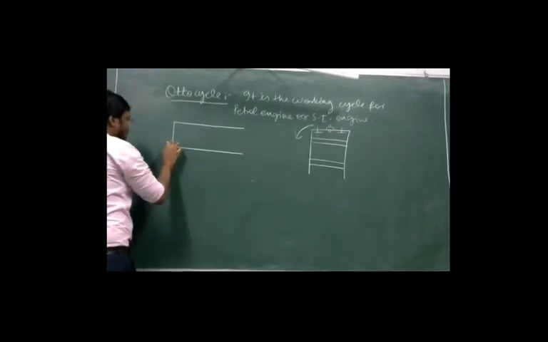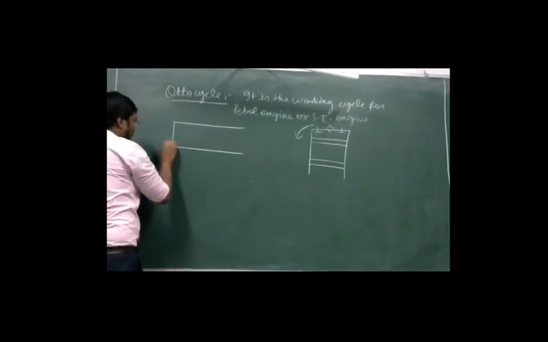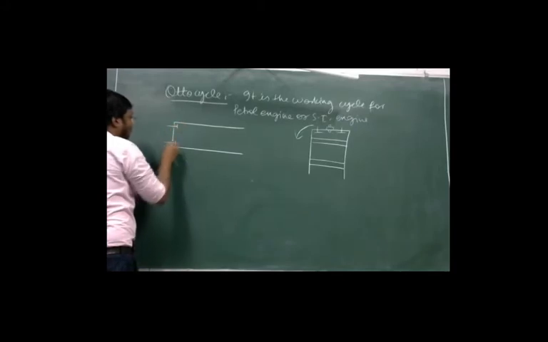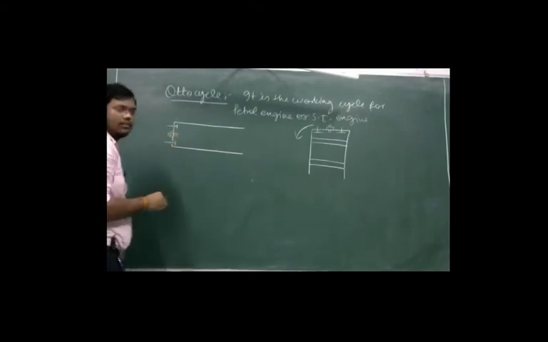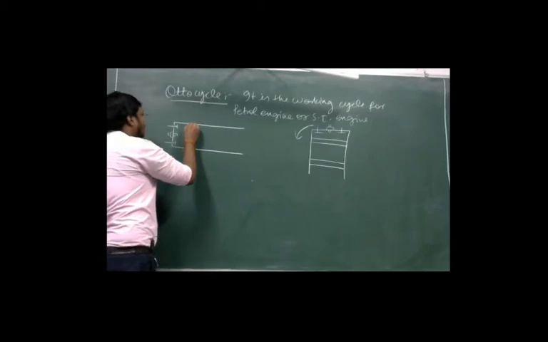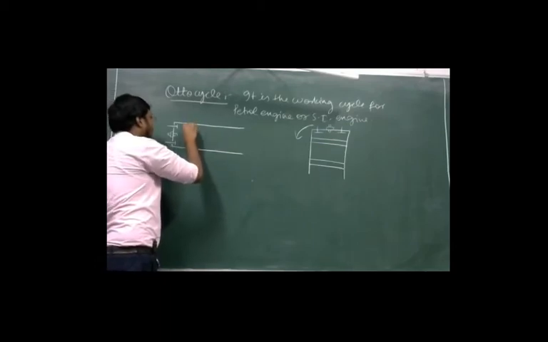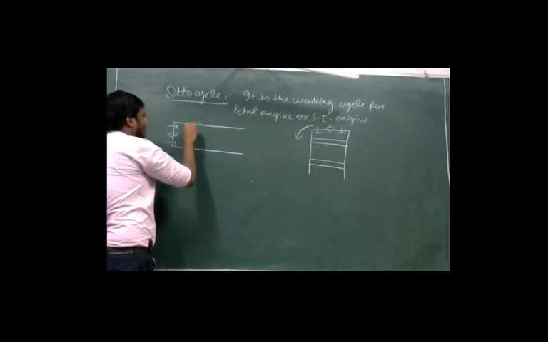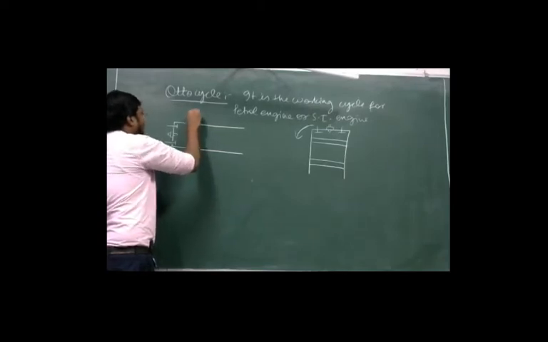So here also there will be an inlet valve, here there will be an outlet valve. Here there will be a spark plug. And here it is the piston at TDC.